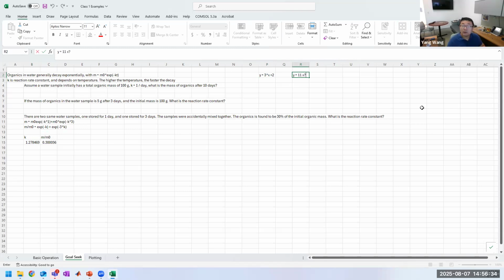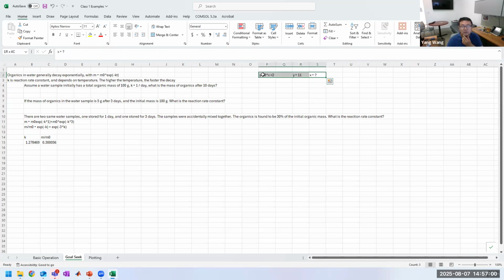What is x? Okay, so this is a very simple question, right? You can easily derive it with a pencil and piece of paper. So you can have x equals y minus 2 divided by 3, right? So then x will equal 3, okay?